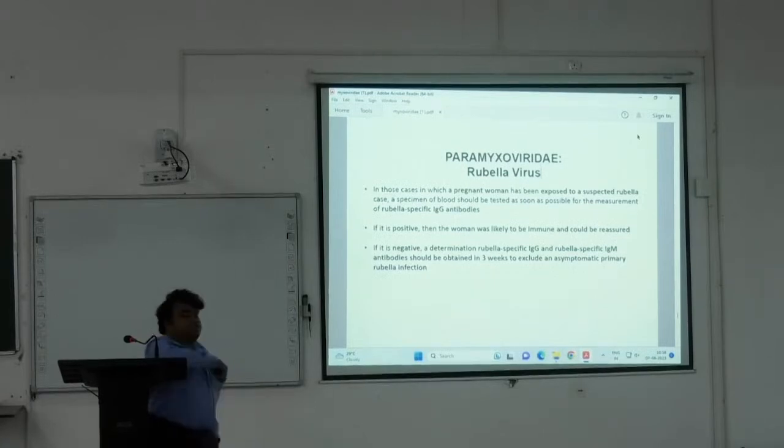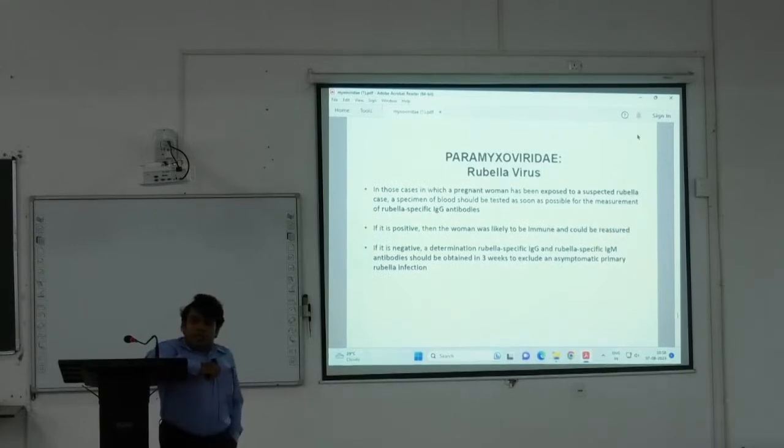If it is negative, we need to test rubella-specific IgM and IgG both. If the IgM is present, that means acute infection or recent infection, or sometimes the IgM may be absent and only IgG of low avidity is present.